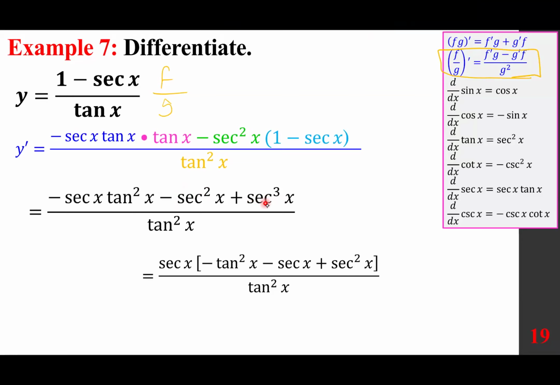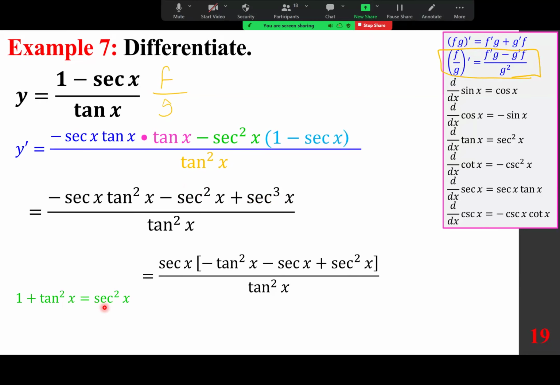Reminding you of a Pythagorean identity, 1 plus tan squared is secant squared, everybody. Therefore, if I move the tan squared to the other side, then secant squared minus tan squared can be replaced by 1.